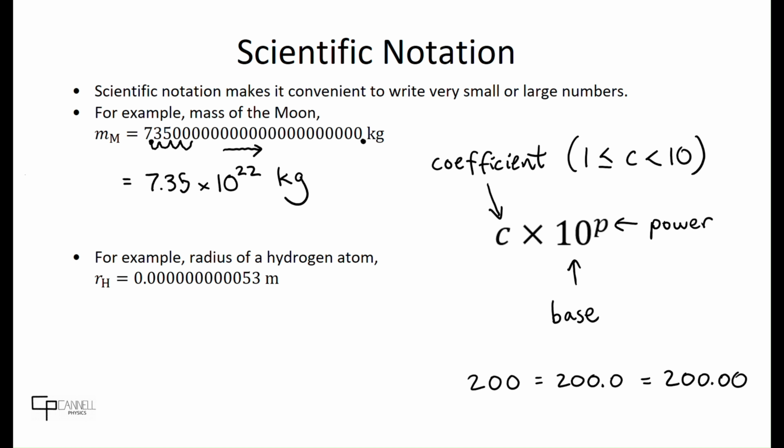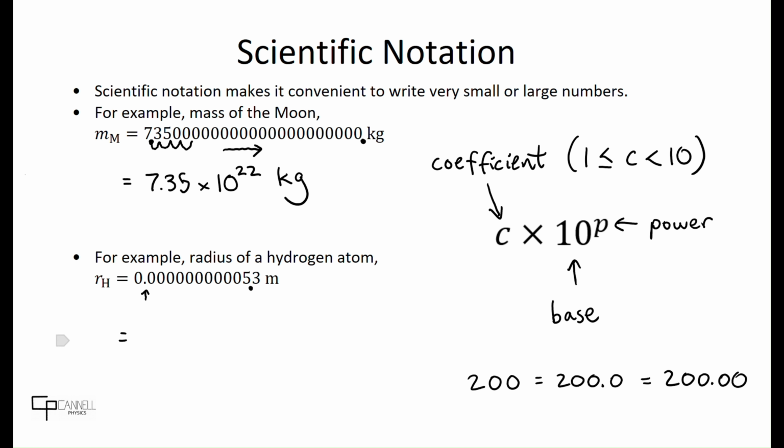Let's do the example with the small number. As an example, I've got the radius of a hydrogen atom, which is this small number here in meters. I don't have to show an imaginary decimal here because the decimal is already there. But now I need to decide where to put the decimal to have the coefficient between 1 and 10, which would be here. Okay, so 5.3.